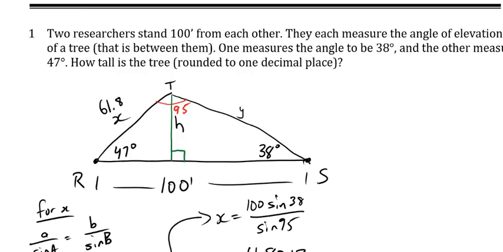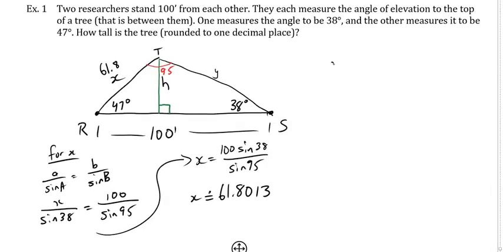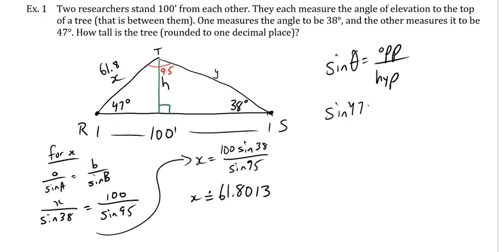Okay, let me get rid of that. So let's do it. Sine theta is opposite over hypotenuse. Sine 47 is opposite, which is my H, over my hypotenuse, which is my 61.8. Notice I'm only writing 61.8, even though I do have all four decimals and I have even more on my calculator. You don't have to write them every single time, as long as your final answer is perfect.